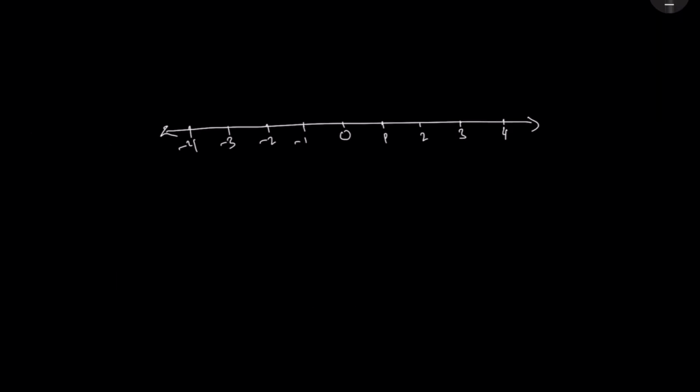We know that on the number line system, any number to the right is a larger number compared to the left side number. For instance, 4 is larger than 3.